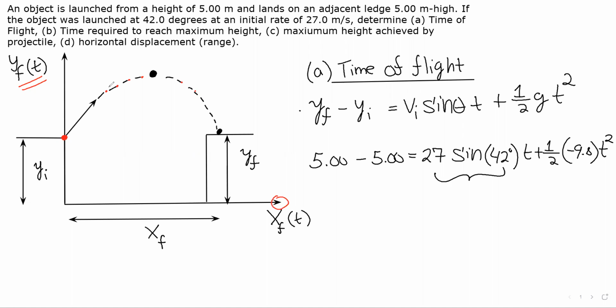This just reminds myself that at each point along my trajectory, my parabola, I have a different y value. So there's actually multiple y final values. However, the y initial only occurs here at the ledge of the first building. The initial height is constant.